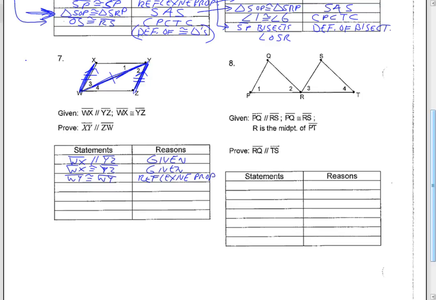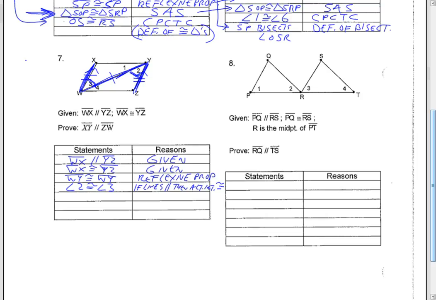No, 3 and 2. So those are the only ones that I can mention down here right now. 2 and 3. If lines parallel, then alternate interior angles congruent. Is that enough?